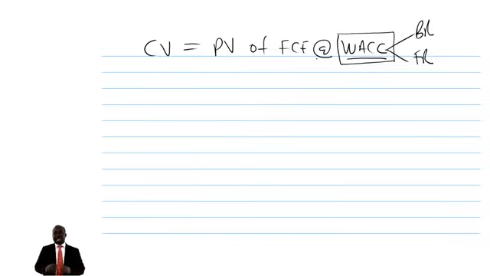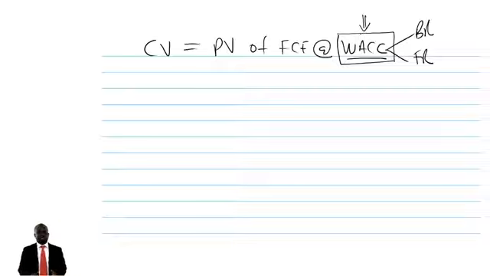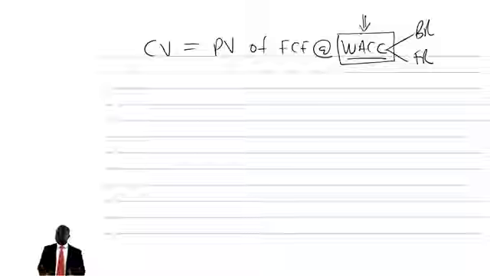The moment that acquisition will change any of these risks, either business risk or financial risk, the WACC you have to use here should also change. And because of this, that is why business combinations or acquisitions are divided into different types.